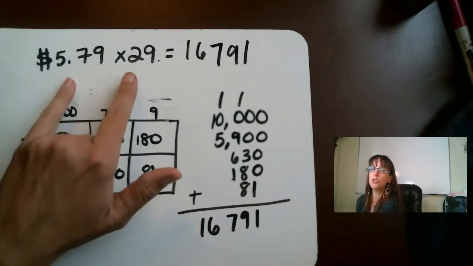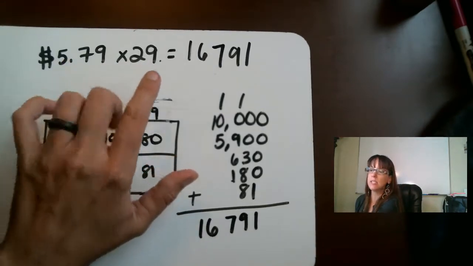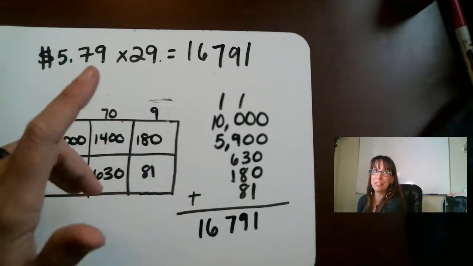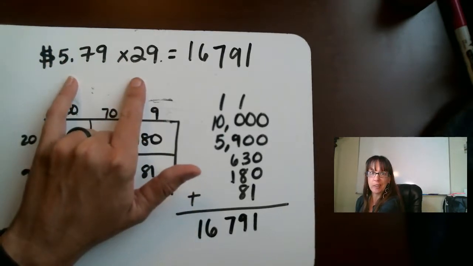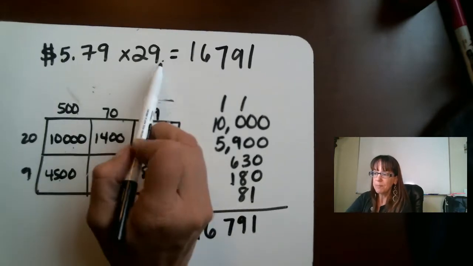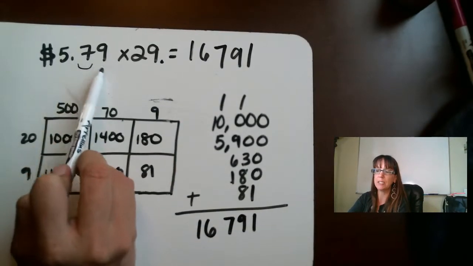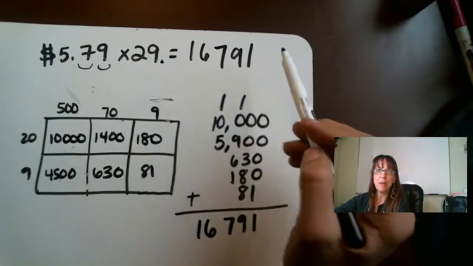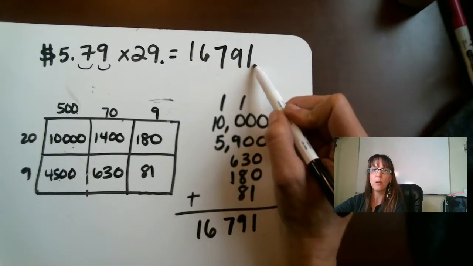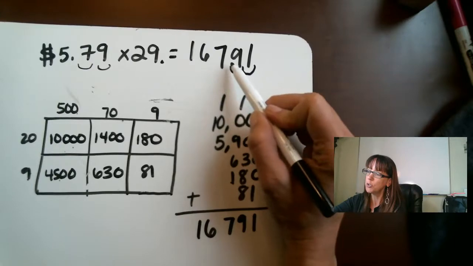We look at our two numbers that are factors that we started with, and we look at those decimals. This one, there's nothing behind the decimal, but here we have 2 digits that are behind the decimal. That means over here, at the end, we need to move the decimal in 1, 2.